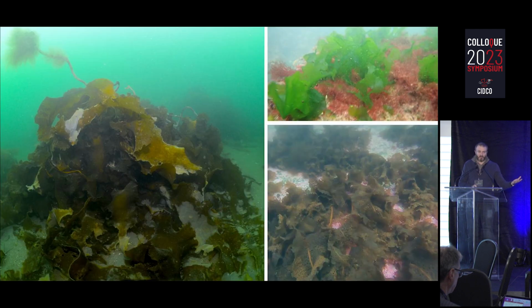And once we have characterized the type of seabed, the other thing we usually need to know is what type of vegetation we have, the different species of algae, because they contribute to creating habitat and they also provide food for animal species.